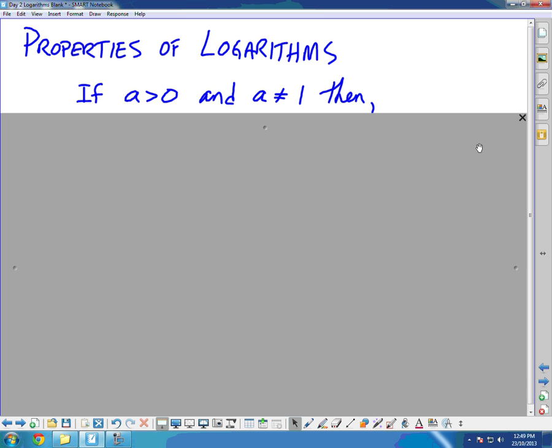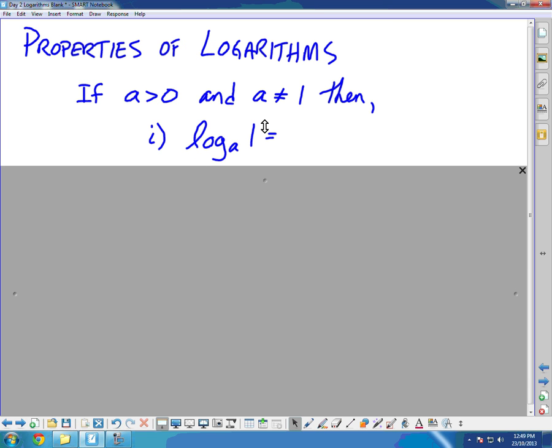So what's the first law or property? Well, it has to do with when you have an answer of 1. So the base here, a, could be anything, but the answer is 1. Let's think about that.